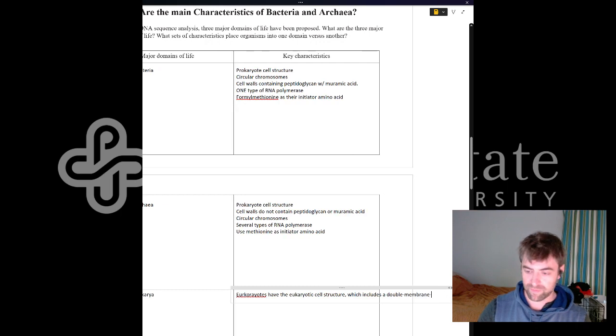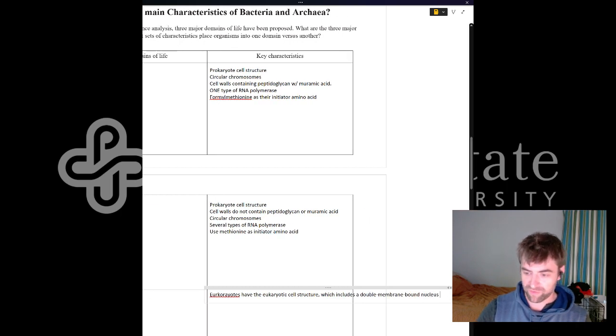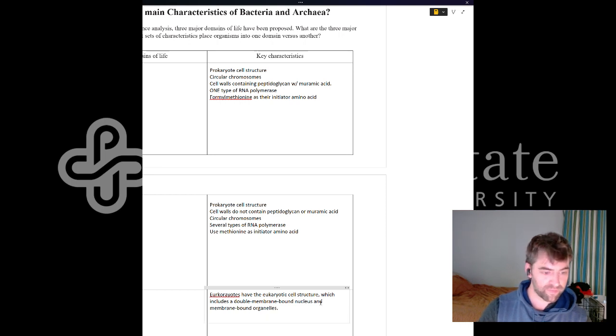Wow, we're floating right off the page here. Eukaryotes have linear chromosomes.